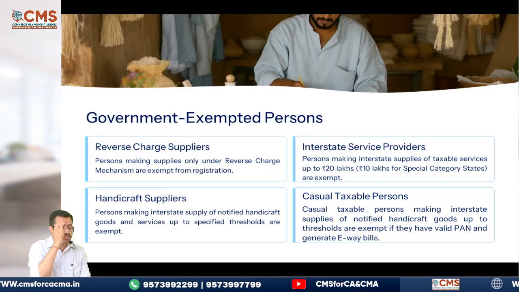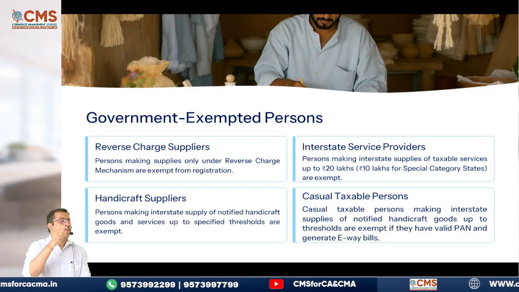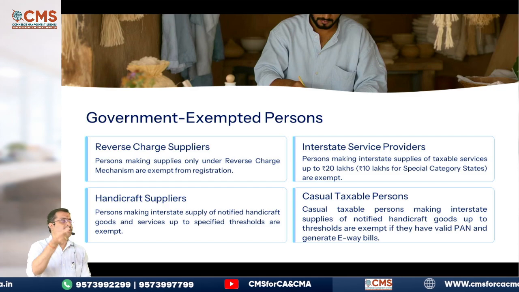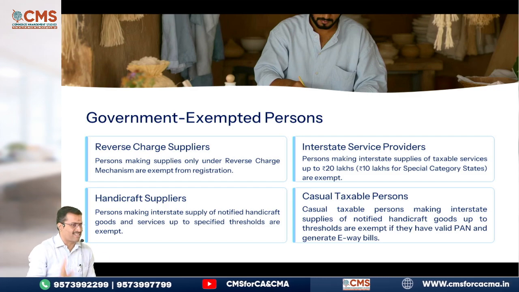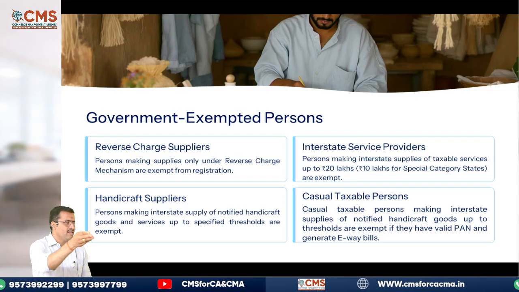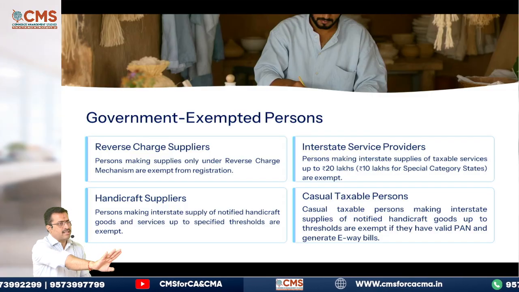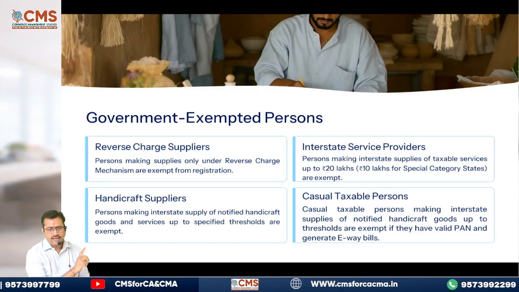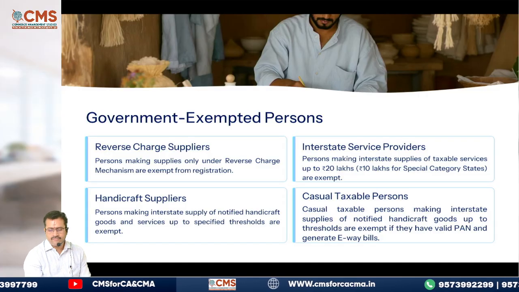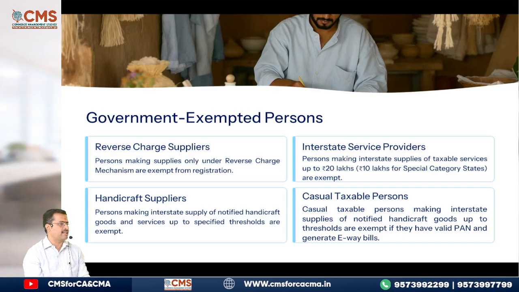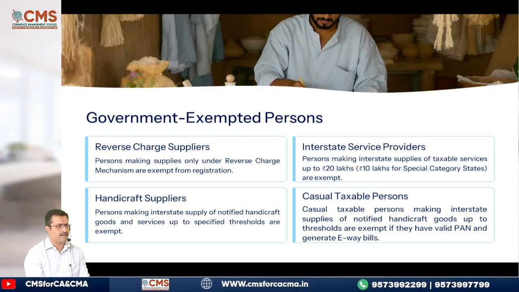Notification number 2/2017 very clearly says, if a person is supplying goods or services which are liable purely for reverse charge, then the supplier need not get himself registered. The recipient alone, if he is getting registered, that is sufficient. This was there yesterday also. Okay. Then interstate service provider up to a value of 20 lakhs. Obviously 10 lakhs in case of special category states need not register.